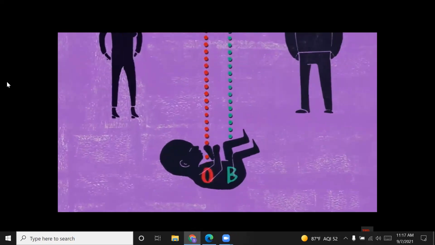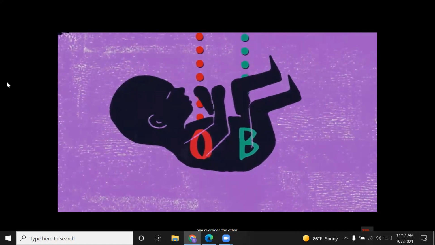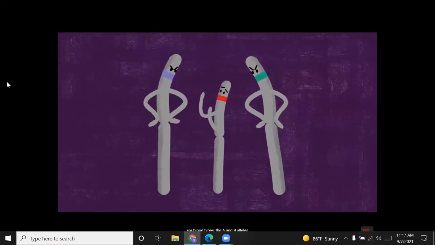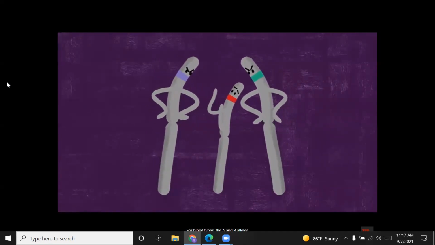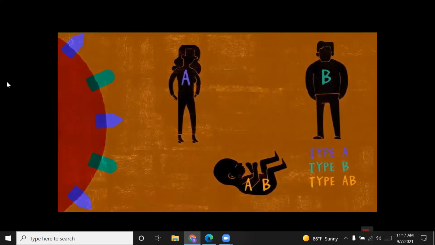When these happen to be different, one overrides the other, depending on their relative dominance. For blood types, the A and B alleles are both dominant, while O is recessive. So A and A gives you type A blood, while B and B gives you type B. If you inherit 1 of each, the resulting codominance will produce both A and B antigens, which is type AB.